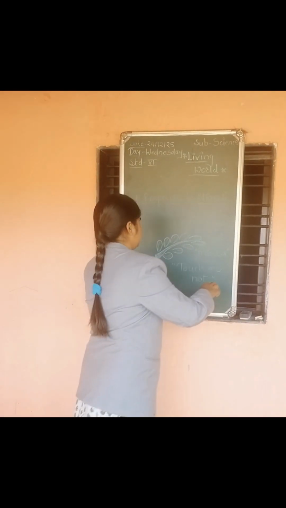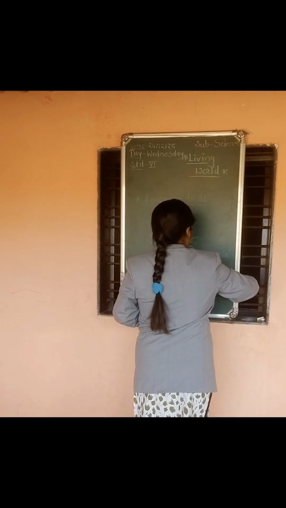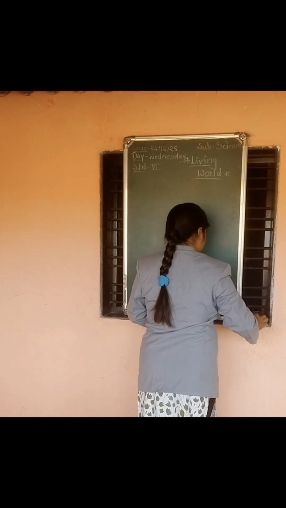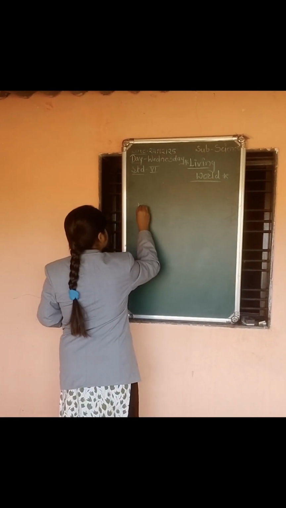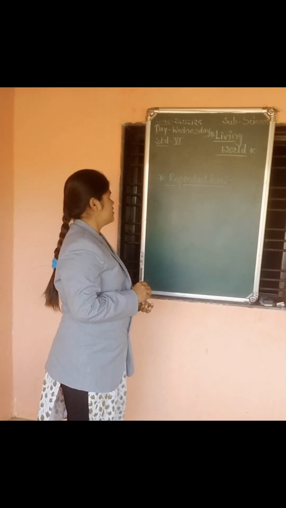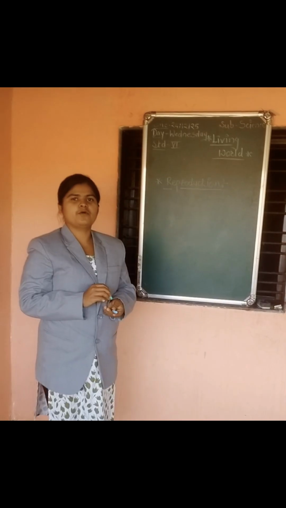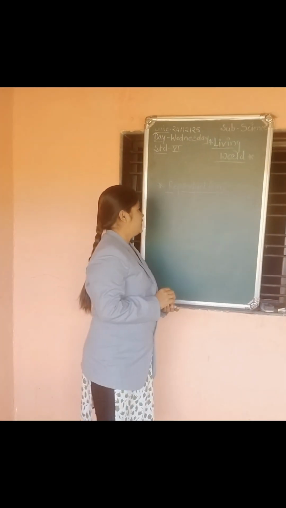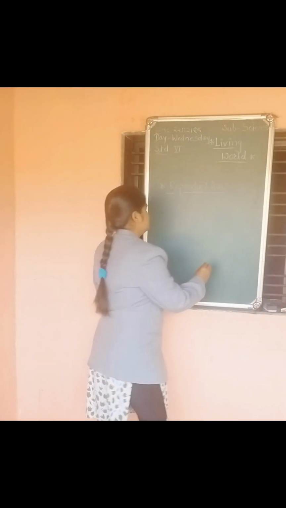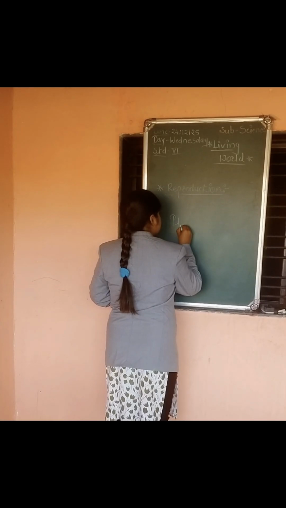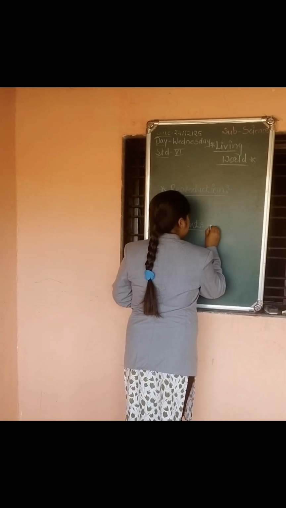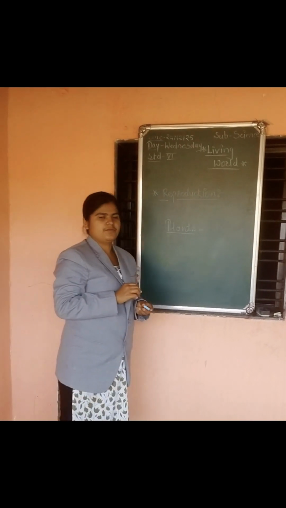So the next characteristic property is reproduction. It is also one of the most important characteristic properties in both plants and animals. So in case of plants, the various plants have sexual and asexual reproduction.